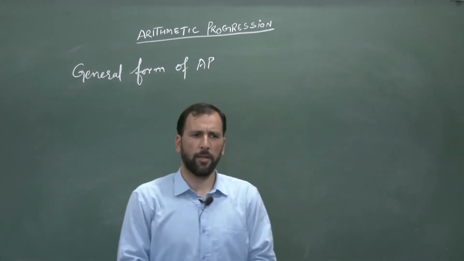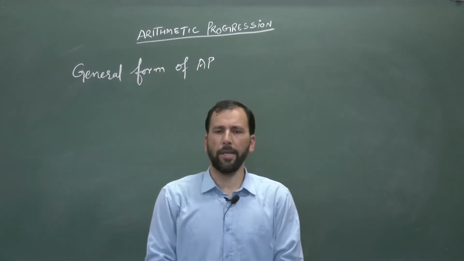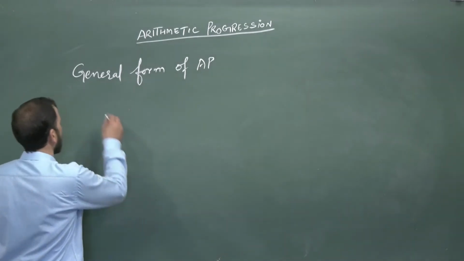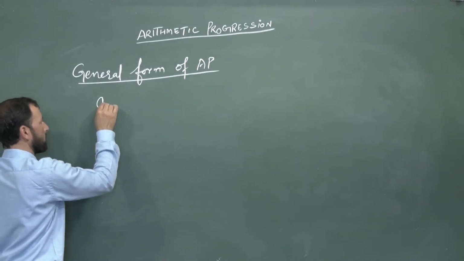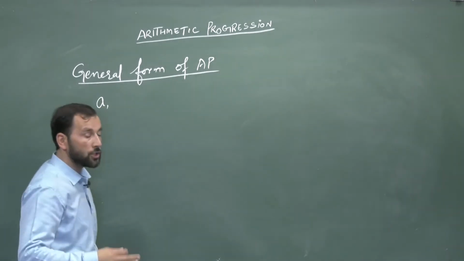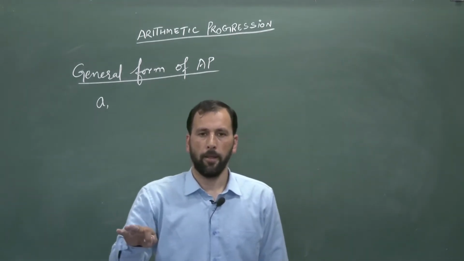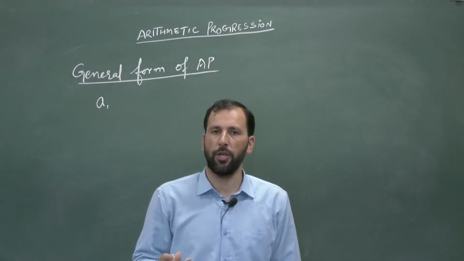Let us suppose that the first term of an AP be A and the common difference be D. Then the general form of AP can be written as, if the first term is A, then each term is obtained by adding a fixed number.